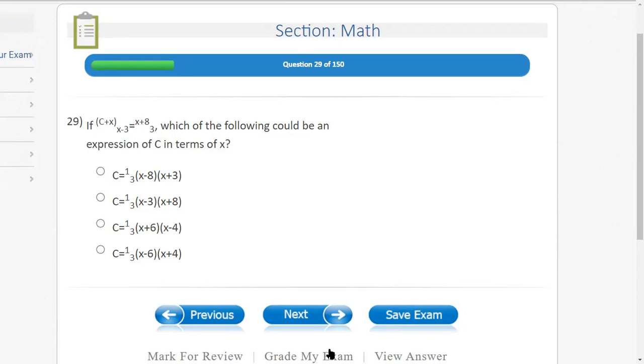So that must be divided by... C plus X divided by X minus 3, and X plus 8 divided by 3. You can take it just like that. So initially I'm just getting it this way. But anyhow, we will look at the solution also. So it's just for the trial. Okay. X plus 8 divided by 3. Okay.